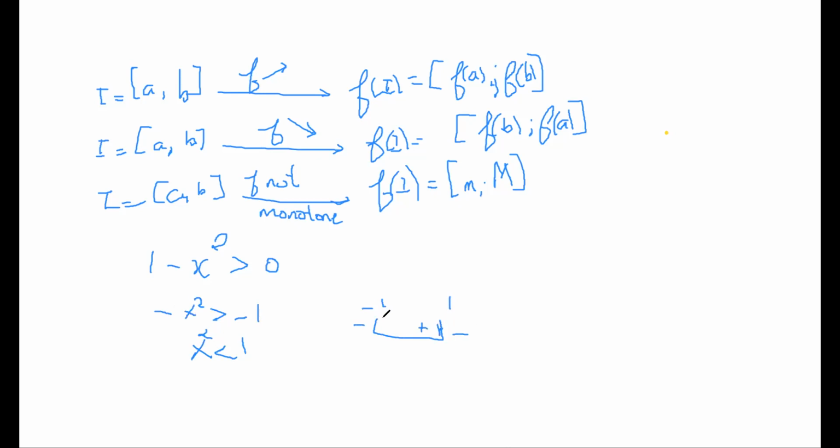What's the domain of definition therefore of this function? Df equals minus infinity to minus 1 union minus 1 to 1? You need 1 minus x squared positive, so x squared is in the middle, between minus 1 and 1.